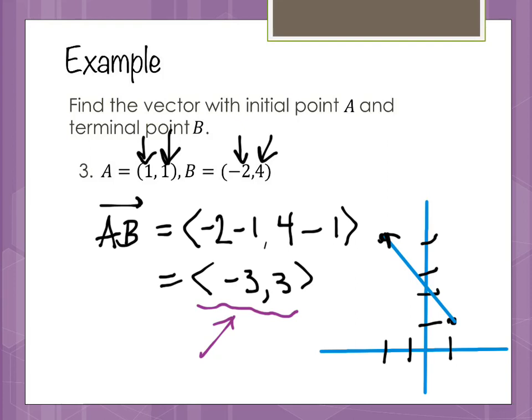3 negative x direction. And negative x direction would be like left, right? I mean, correct? So this means left 3. And this 3 would mean up 3. And take a look at my picture. Did I in fact go from the first initial point, left 3, and then from there up 3? Yeah, I did.